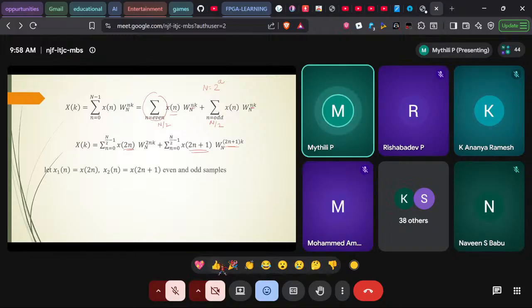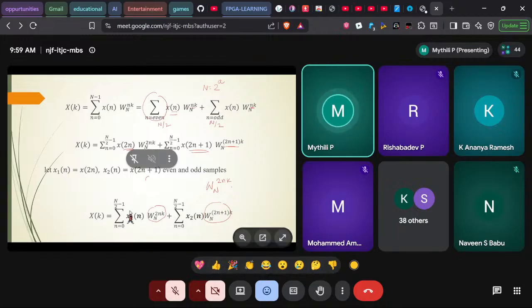So now we already gave a name, right? x1 of n is the even part and x2 of n is the odd part. So we'll replace it with x1 of n and x2 of n. Okay, next what we are going to do is simplify these two terms, because W_N of 2nk can also be written as, what is this actually?